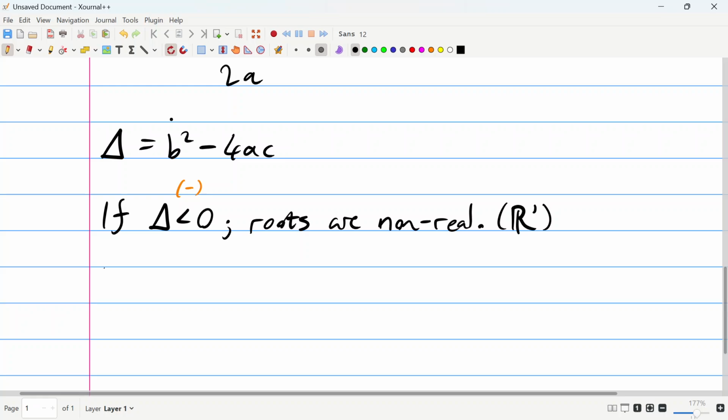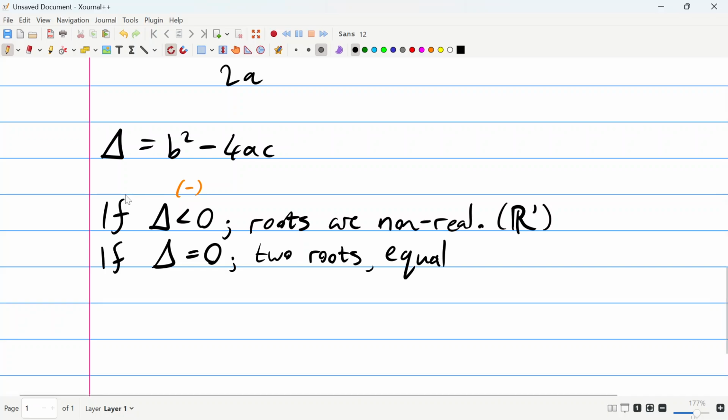Okay? What if the discriminant is equal to 0 though? What would happen? Well, you kind of need to know that there will be two roots, okay? And they are equal to each other. They will be equal to each other because this whole thing is just 0, okay?